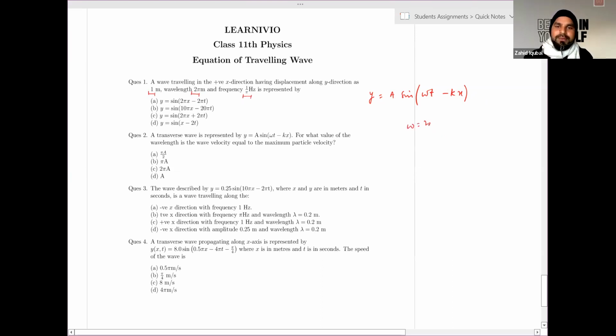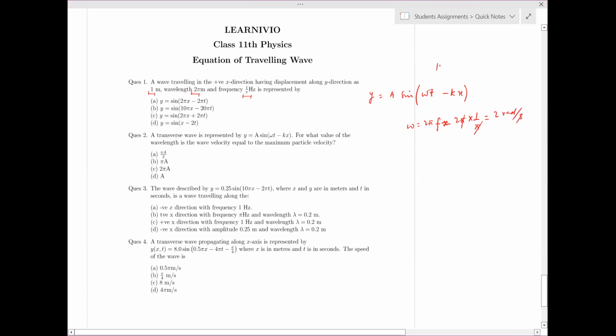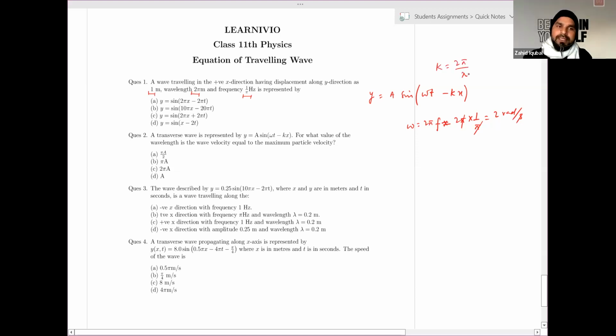So omega is equal to 2 pi f. We have f as 1 by pi, so pi and pi will cancel out, and you get 2 radian per second. Samira, is it clear? Yes, sir. And how to calculate k, which is 2 pi by lambda. Lambda is 2 pi, so 2 pi divided by 2 pi is just 1 radian per meter.